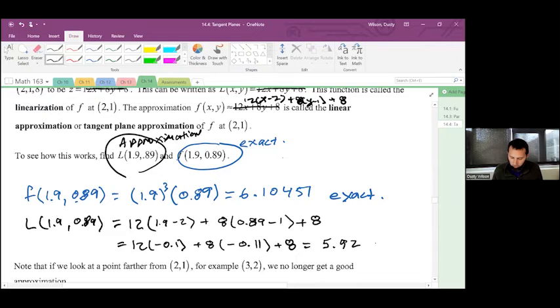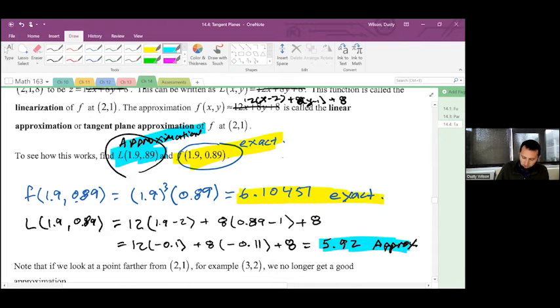And this is our approximation. So the exact number is 6.1. The approximation is 5.92. And you'll notice that they are both pretty doggone close.